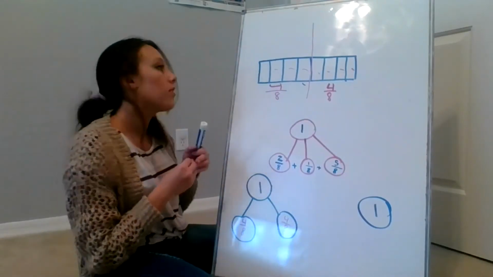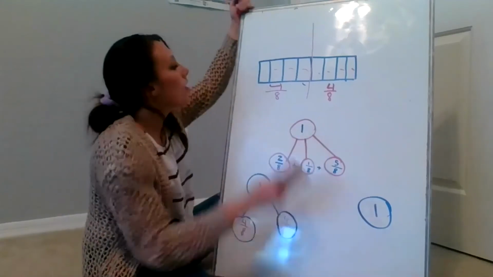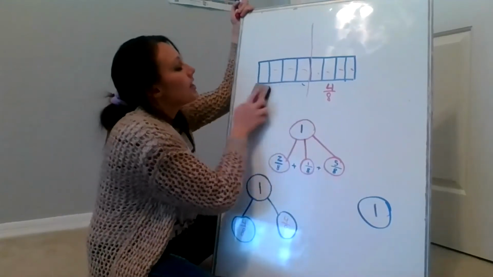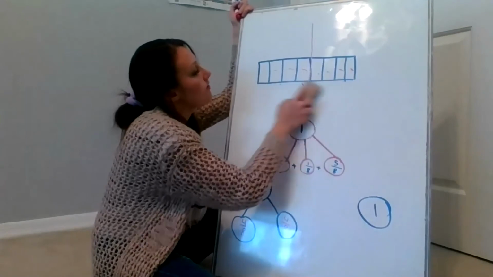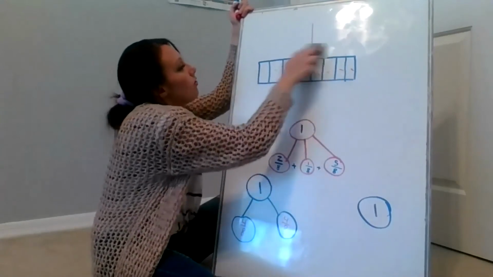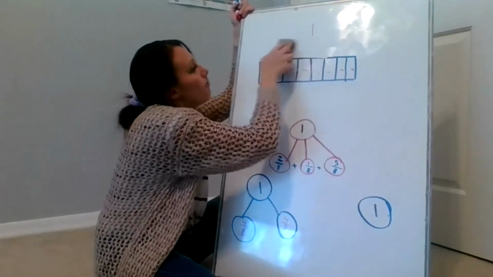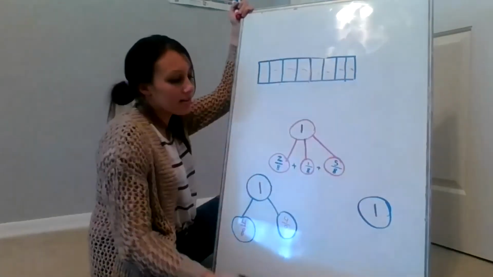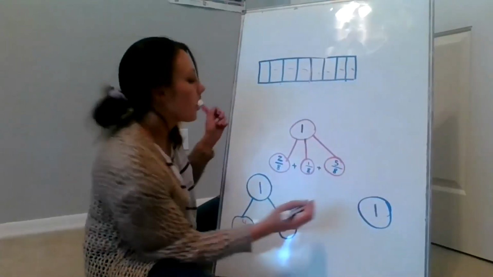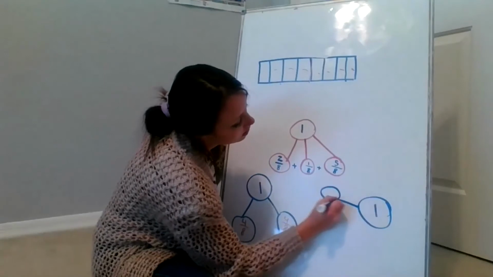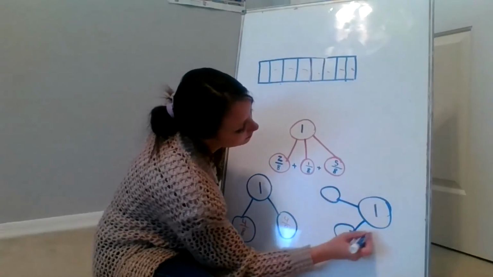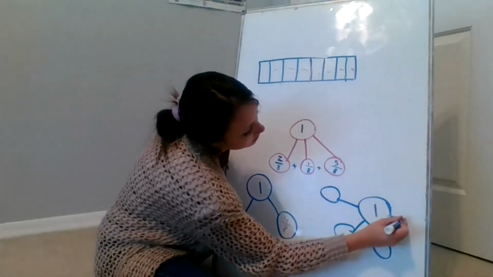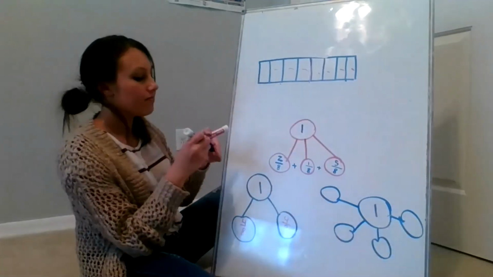Now let's try just one more example. Let's say that this time I want to divide this up into 4 different sections. So I'm going to create 4 connecting circles down here, just like that.